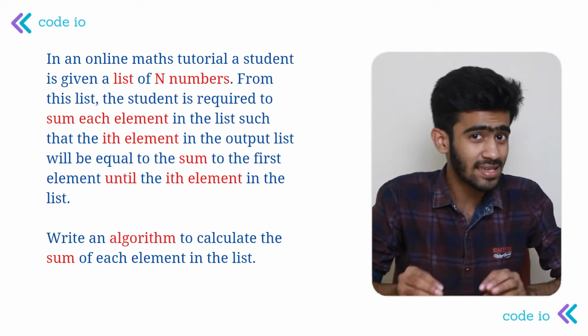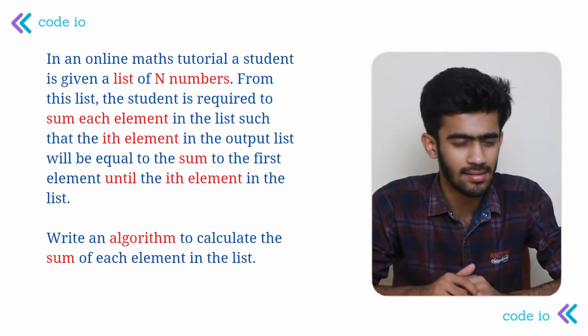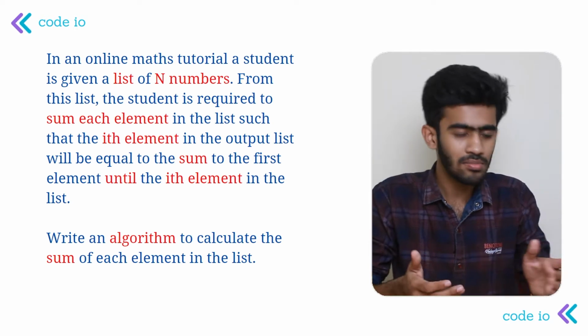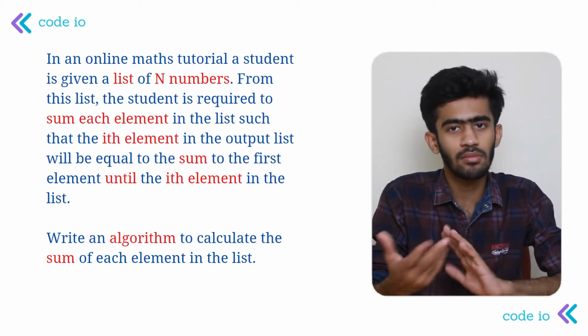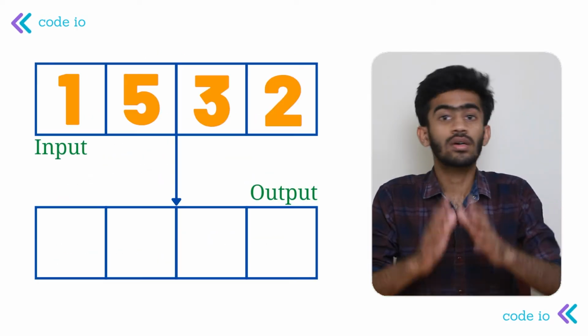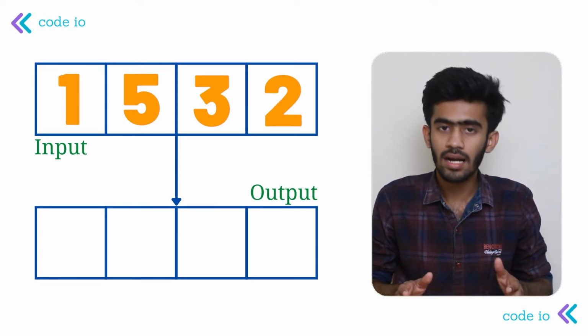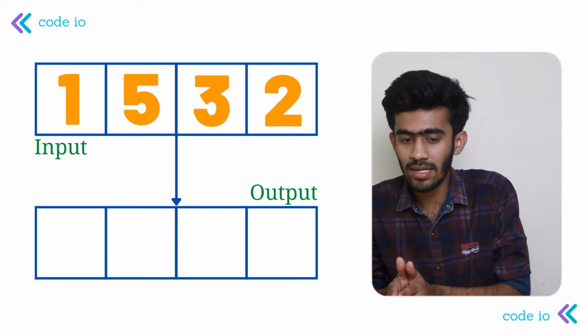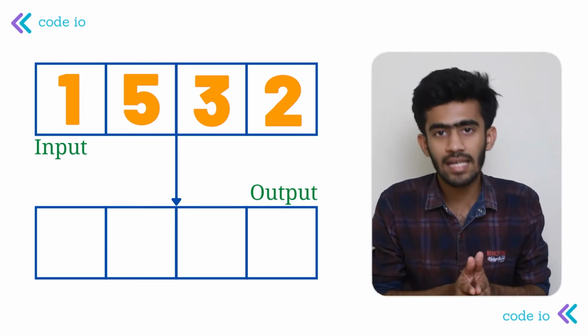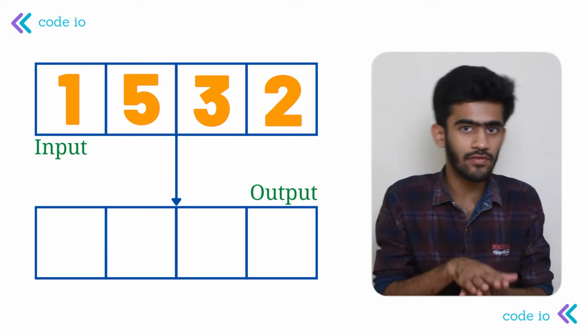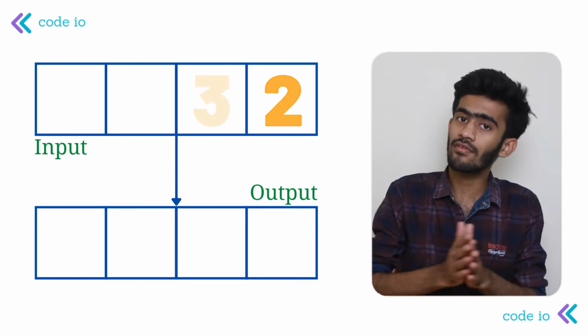Let us move on to the example to make this question a bit clearer. So we have to write the algorithm to calculate this sum of these elements. Okay. So here we are given an array as input. So our output array should be the sum of all these elements till that element. So for the first element, there is nothing to the left of the first element. So obviously it would have the value of 1.